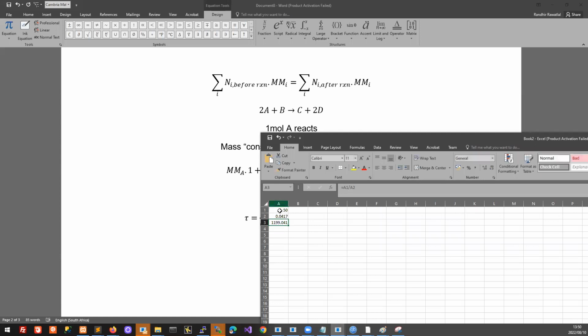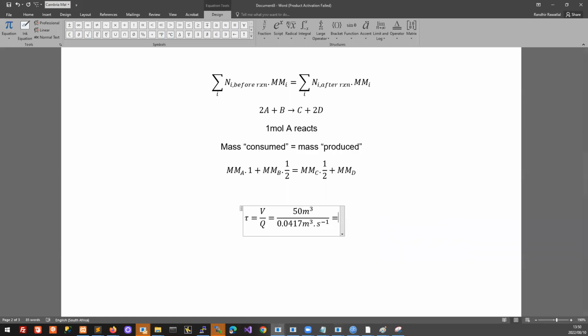So I'm just going to call that 1,200 seconds. Okay, so that tells us we have 20 minutes as the average time that our fluid is spending in that reactor.